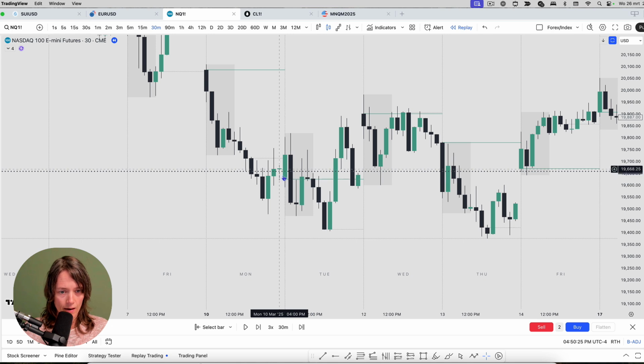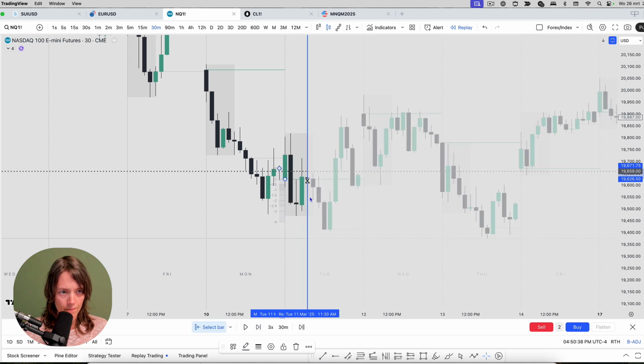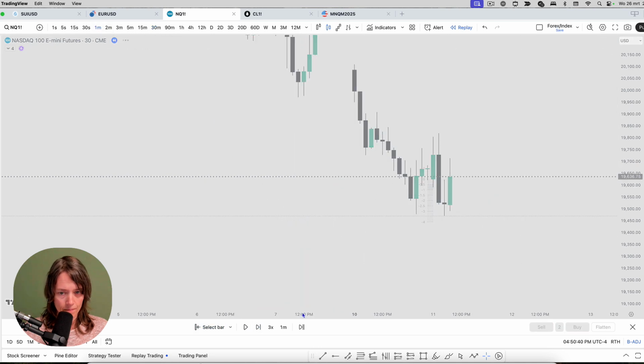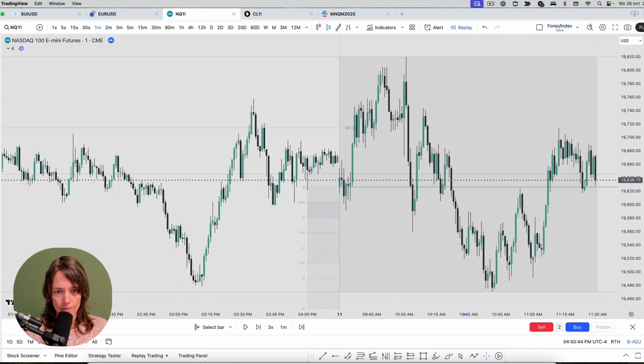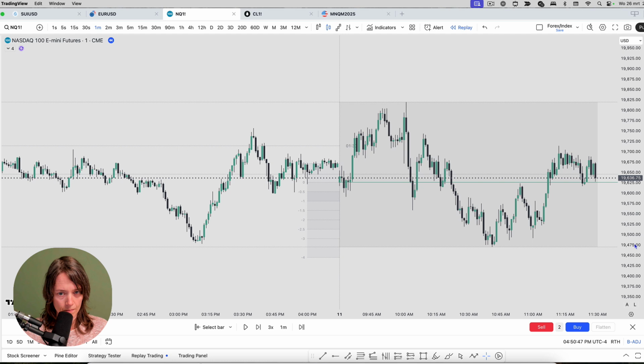Then we have a gap here from the close to the open. Well, look at that. Let's replay that. You can actually measure it both ways, probably.